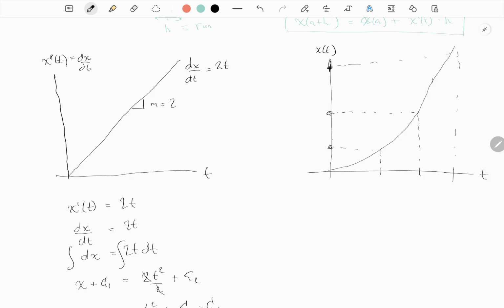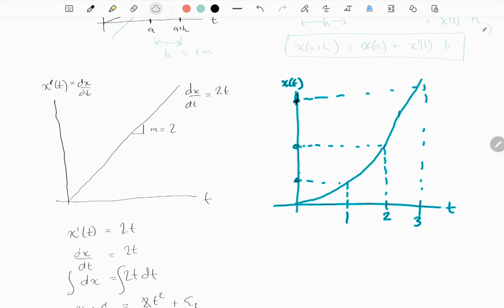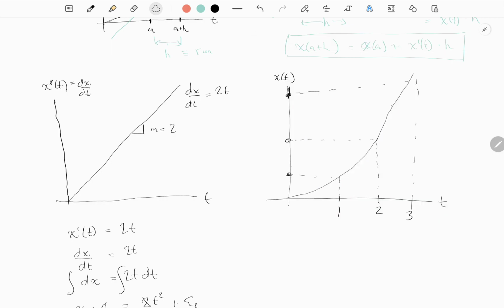All right, t is 1, t is 2, t is 3, etc. Let's clear this up a little bit.